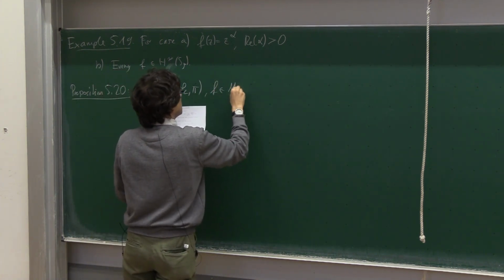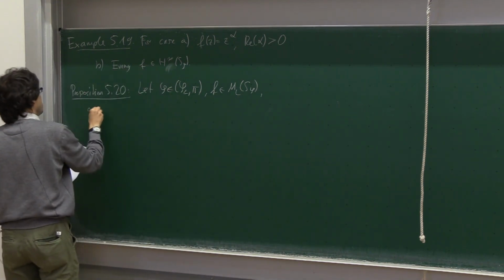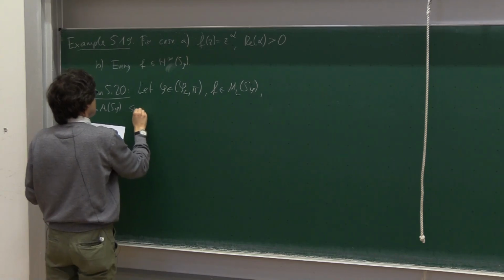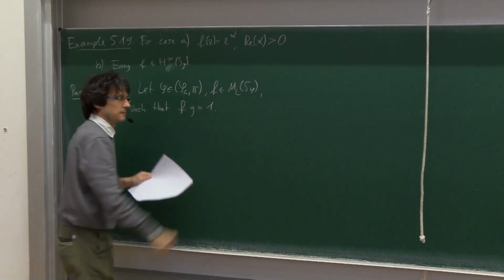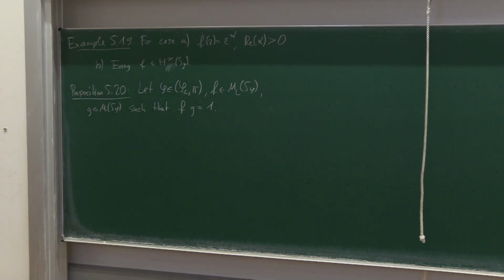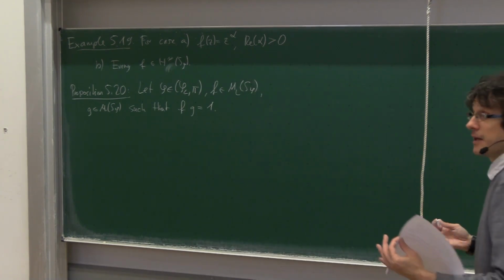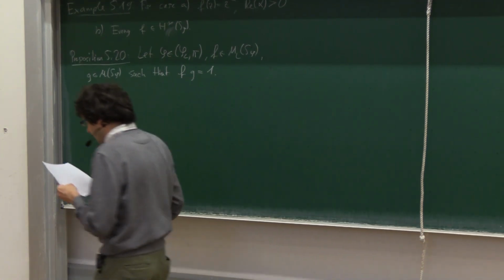Then take some regularizable function f, and then take some other meromorphic function g on the sector such that f times g is 1. So somehow take the inverse. So you have a regularizable function, and we are interested now in what about 1 over f? If f is regularizable, is then 1 over f also regularizable? You could also ask the question like that, what this proposition is about.